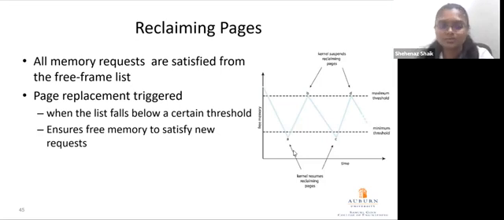But one of the drawbacks with that particular approach is that the operating system itself is proactively performing the write operations of the pages which are already written or dirty, right?